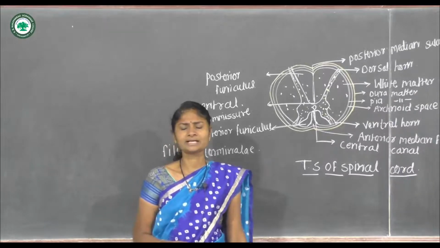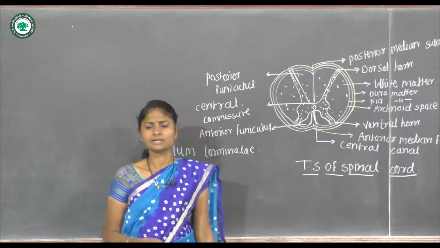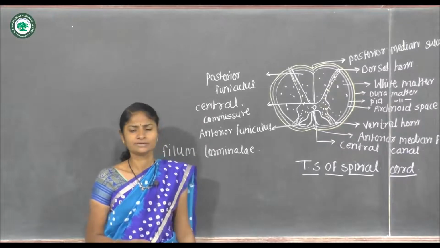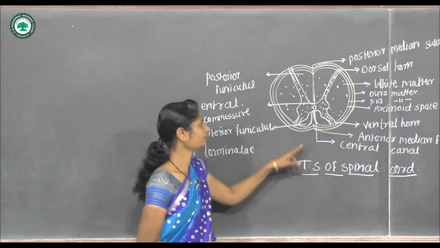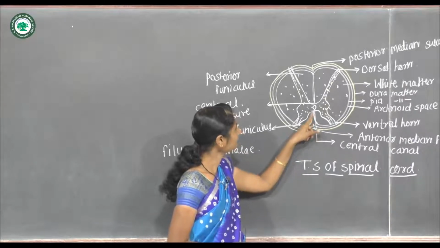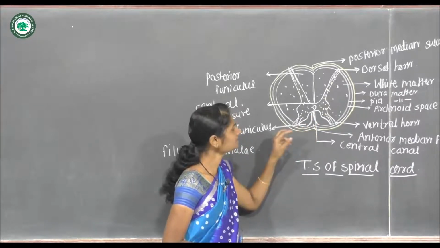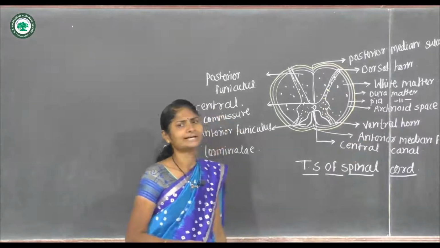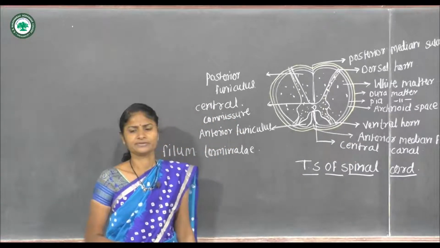The pia mater extends deep into the longitudinal ventral median fissure, and this deep fissure is called the anterior median fissure.